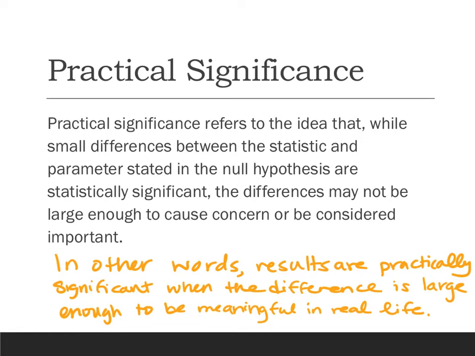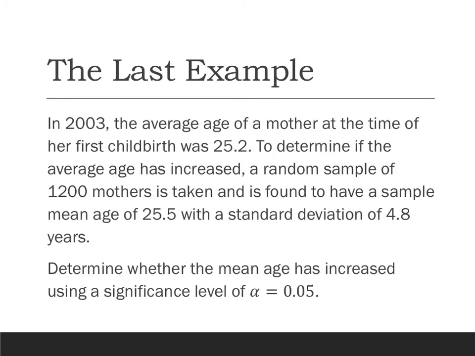And so let's take a look at where we might need to bring practical significance into our decision making when we're dealing with something in statistics. All right, so here's our last example for section 10.3. In 2003, the average age of a mother at the time of her first childbirth was 25.2. So this is years, of course.